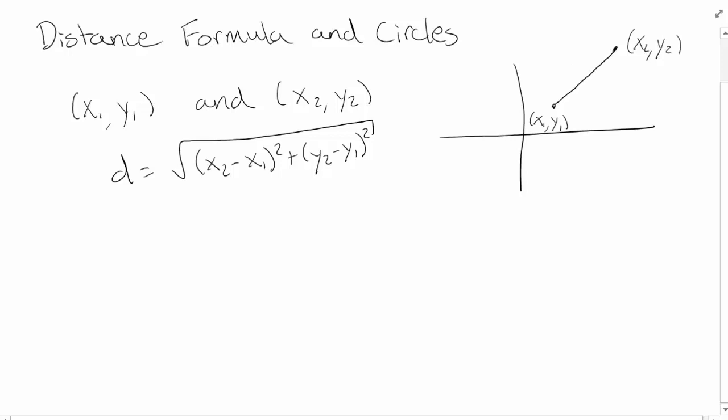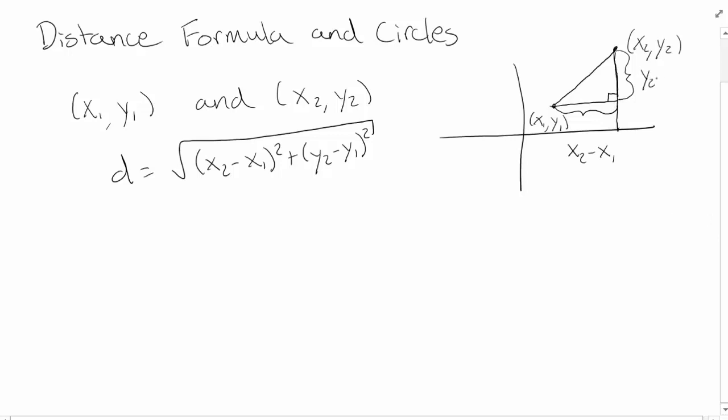And the idea is you could use a right triangle to figure out what that distance is. So the Pythagorean theorem says a squared plus b squared gives you c squared. This distance right here is a difference in your x values, so x2 minus x1 is that length. And up here, this is a difference in y values. This whole distance from here to here is y2, and this distance from here to here is y1.